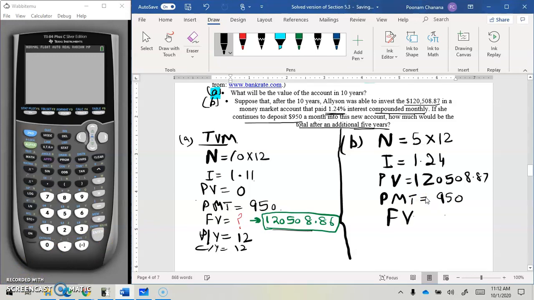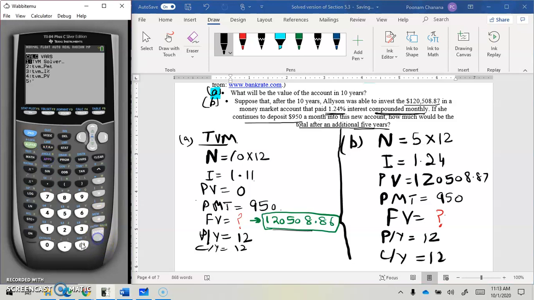We have to find the future value. So that is our unknown. So we leave it whatever it is 0. Payment per year is still going on in 12 and compounding is still compounding monthly. So it is still 12, right? So we have to go back and calculate future value. So let's press apps in our calculator, TVM solver.